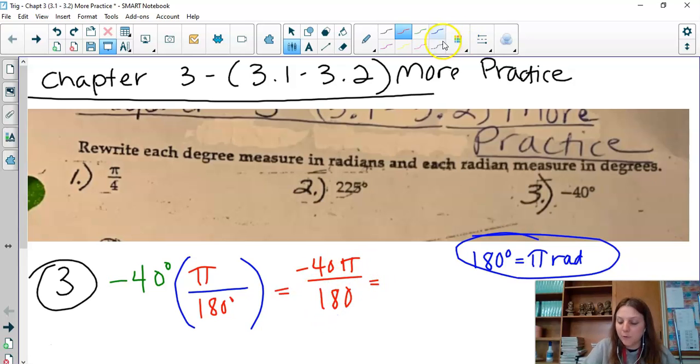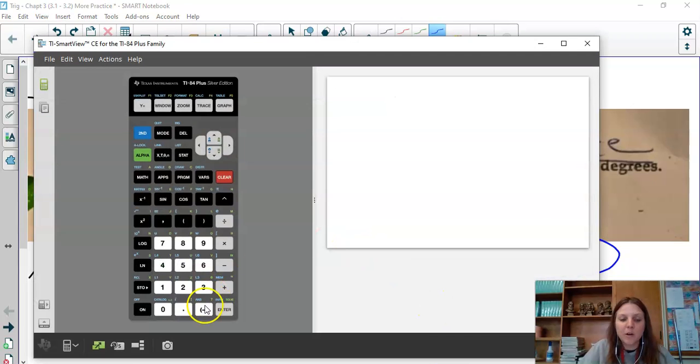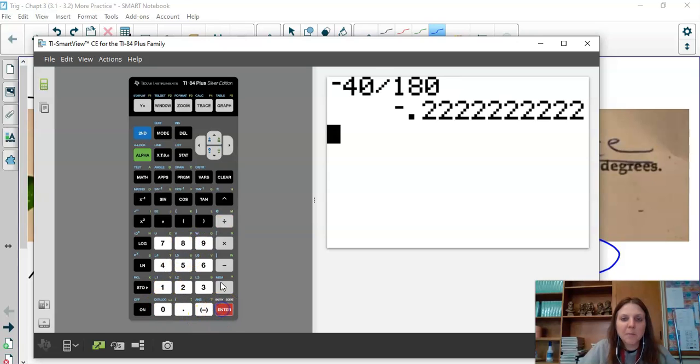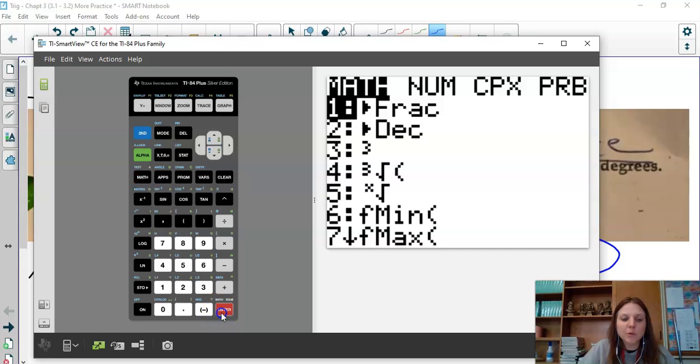There's a lot of different things you could do. You could divide out the zeros and then divide them both by 2. You can simply use your calculator, again, whatever you're comfortable with. If you do it this way, negative 40 divided by 180, and then you just hit math, enter, enter, you can reduce it like that.